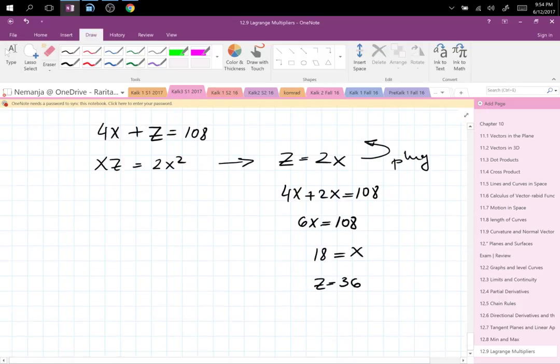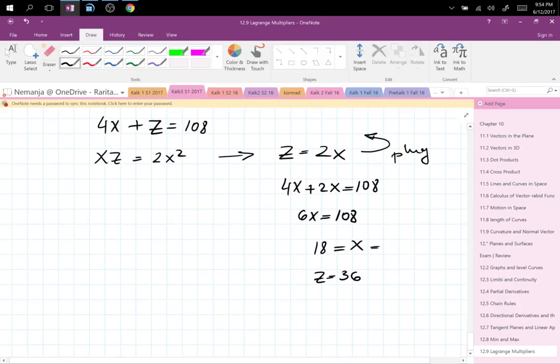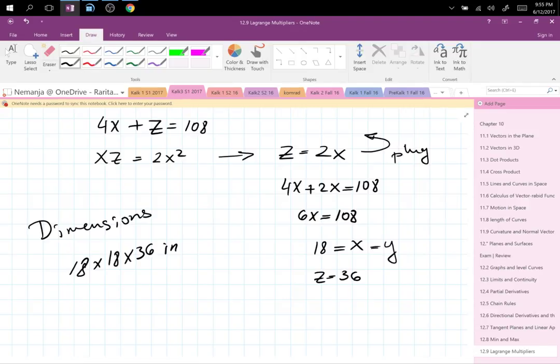And we said x equals y up there. Dimensions: 18 by 18 by 36 inches. This package would allow for maximum volume.